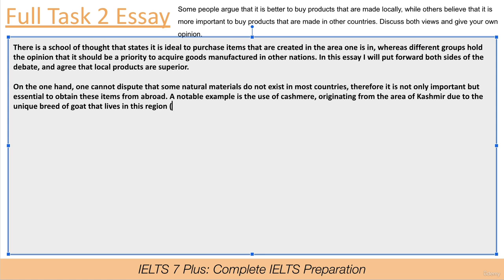That's how we source the material. Originating from the area of Kashmir due to the unique breed of goat that lives in that region.